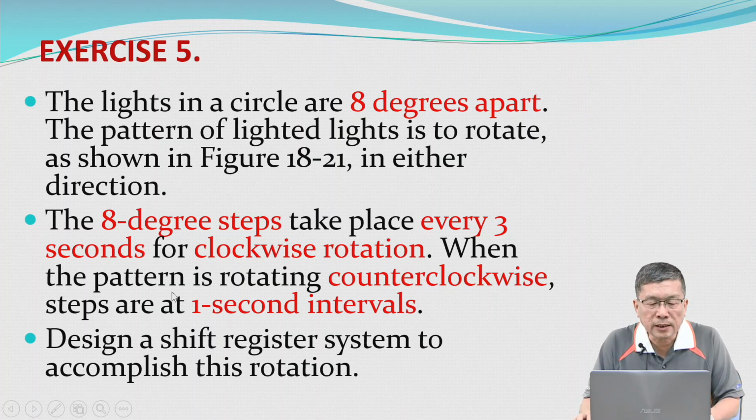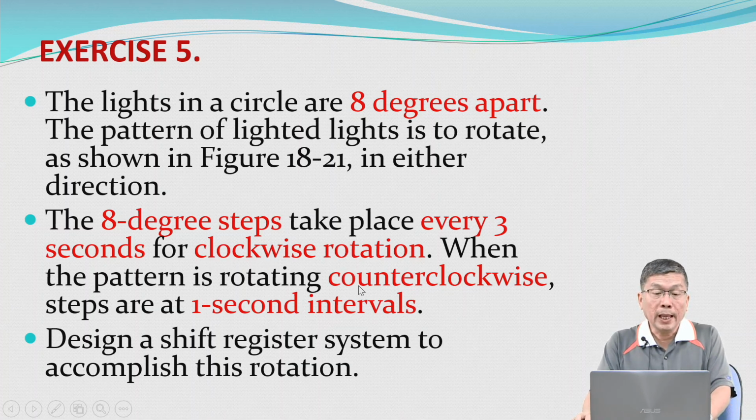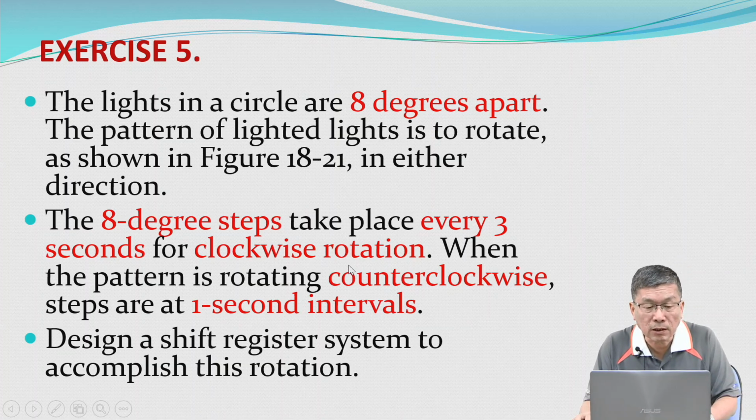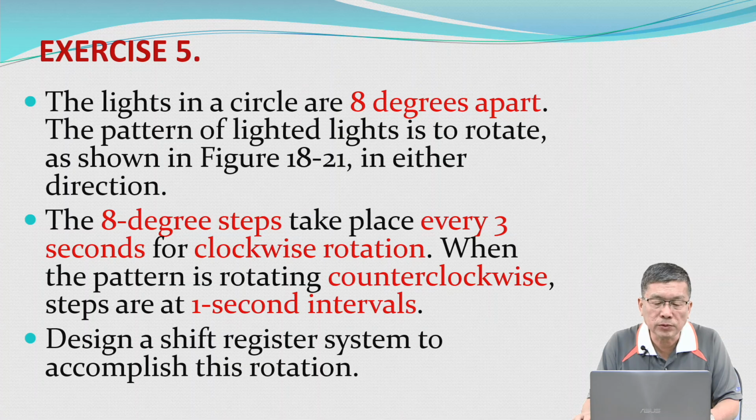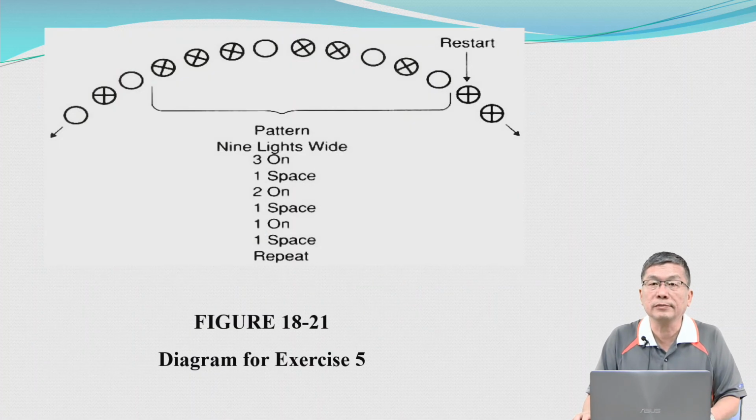The 8-degree steps take place every 3 seconds for clockwise rotation. When the pattern is rotated counterclockwise, steps are at 1 second intervals. Design a shift register system to accomplish this rotation. This picture shows the diagram for exercise 5.